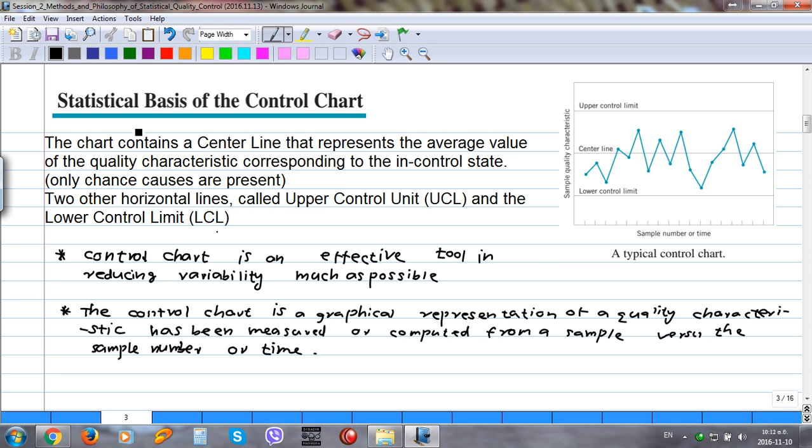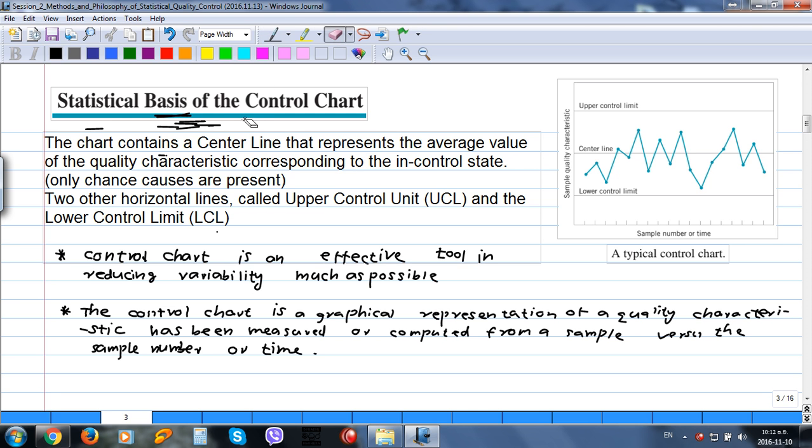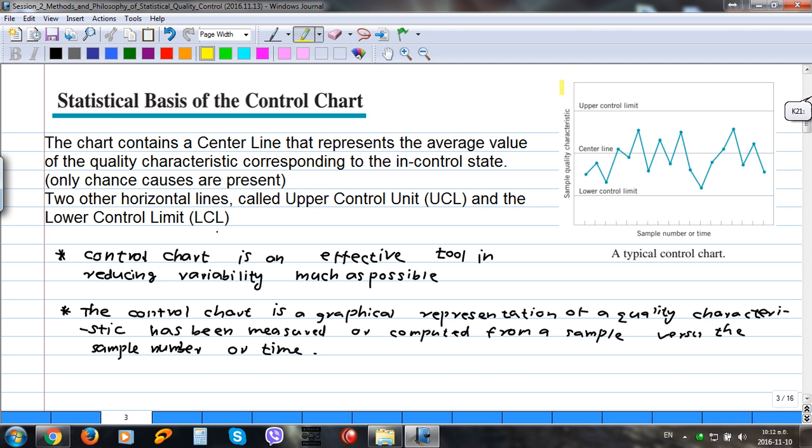Here you can see the statistical basis of a control chart. The control chart contains a center line that represents the average value of the quality characteristic corresponding to the in-control state.